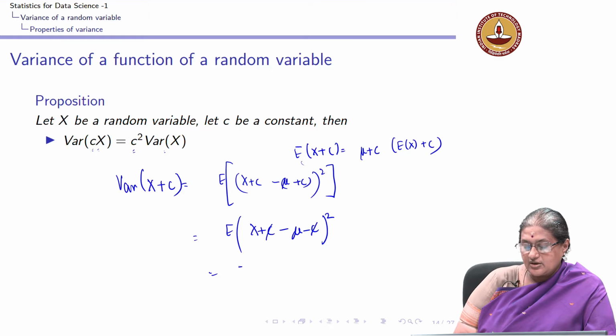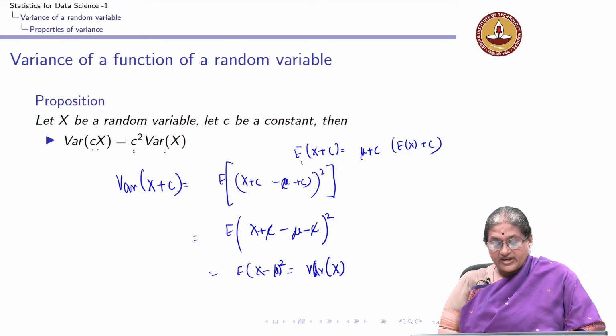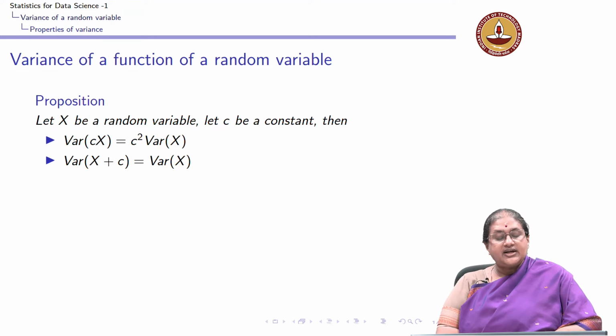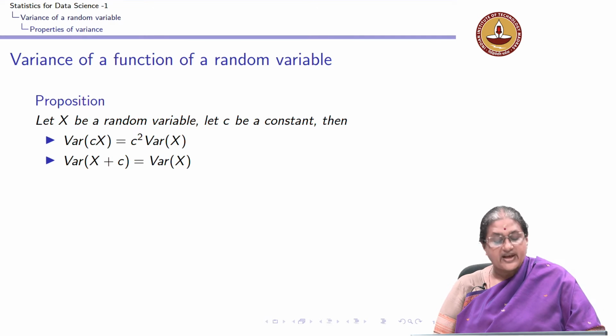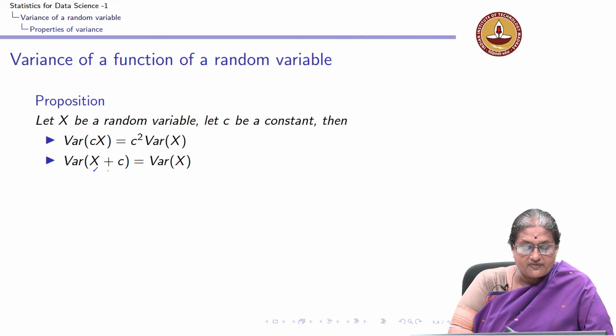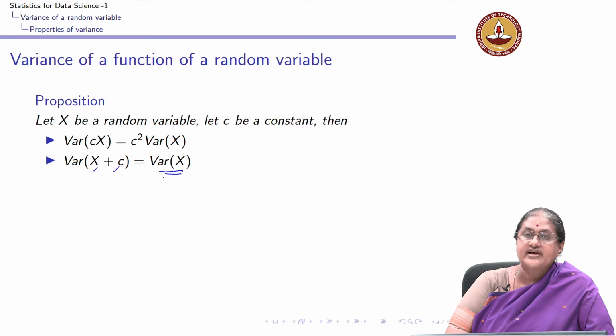These two cancel out, which gives the expectation of X minus mu whole square, which we know is the variance of X. So the variance of a constant times a random variable is c square times the variance of X, whereas the variance of X plus a constant is the same as the variance of X.